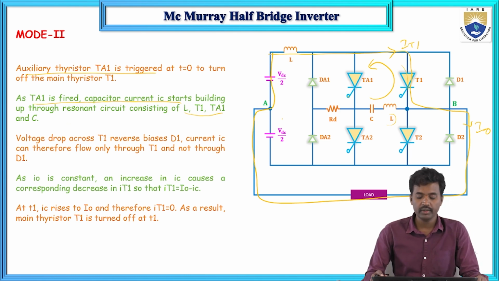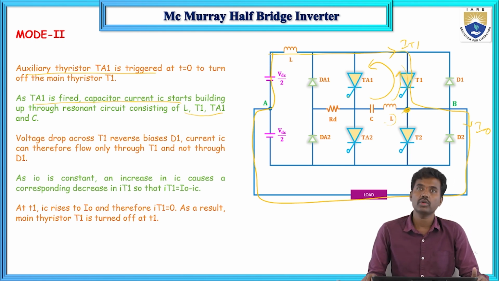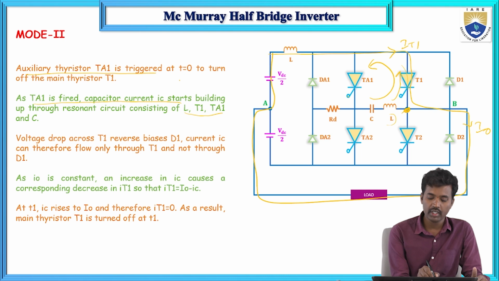Now current is flowing like this, and this current is flowing like this. If I apply KCL at this node, the sum of entering currents equals the sum of leaving currents. IC is entering, and IT1, which equals I0, is also entering.